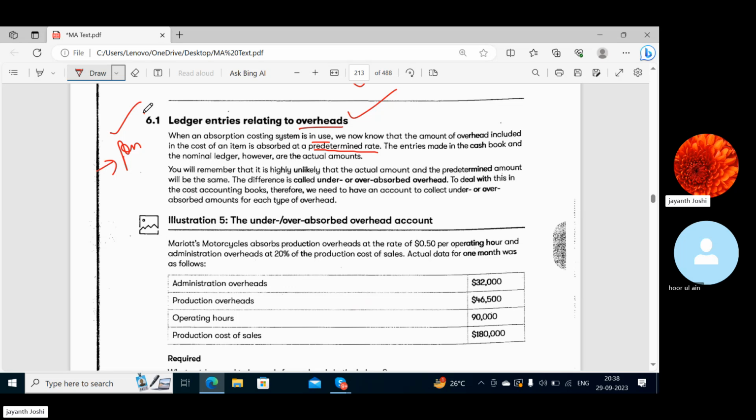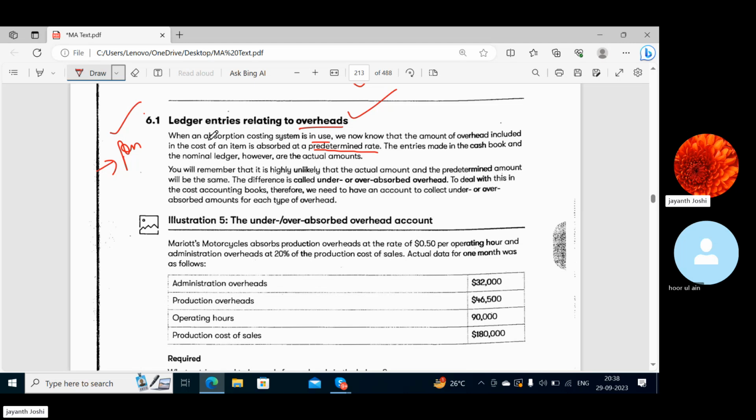To find out the cost of a pen, I will take the direct material per pen, the direct labor per pen, and I will also take the predetermined overhead rate and include that in the cost. So in absorption costing, we do that, right?